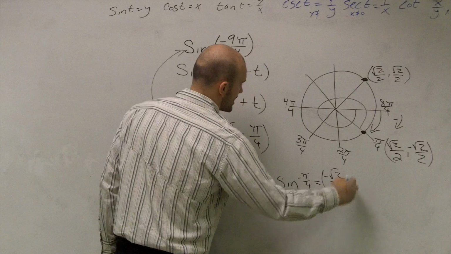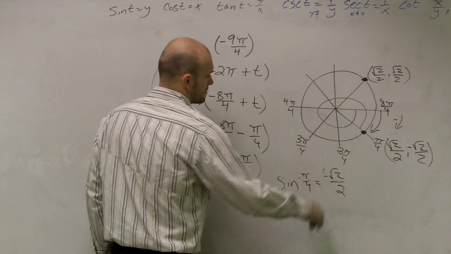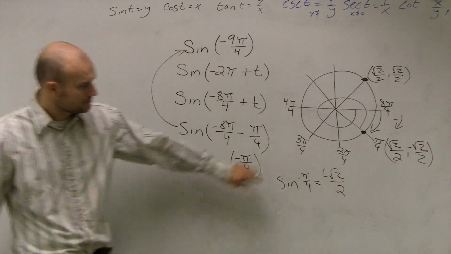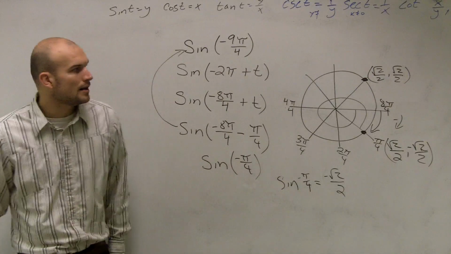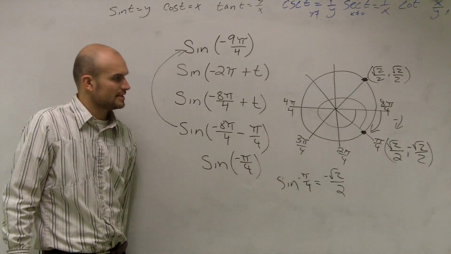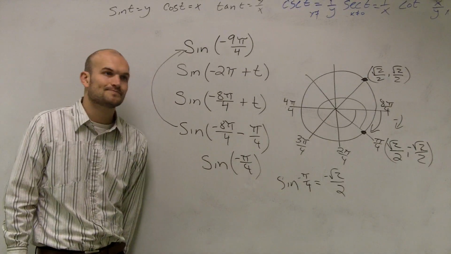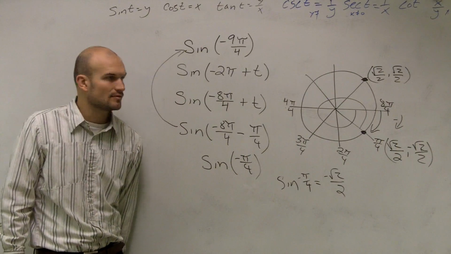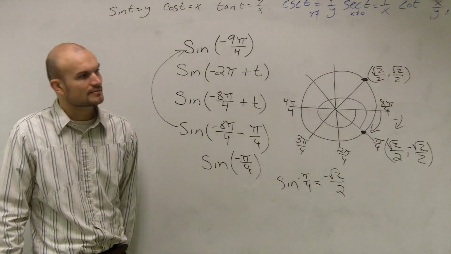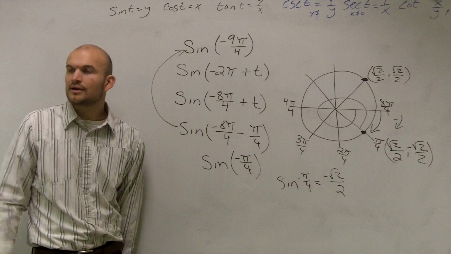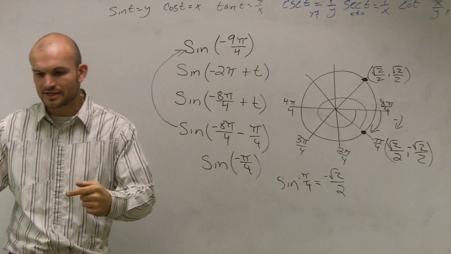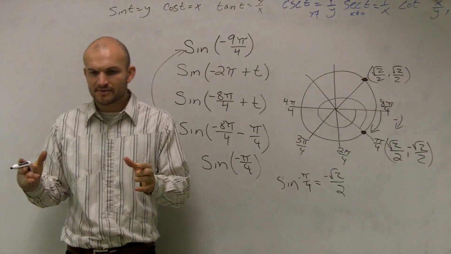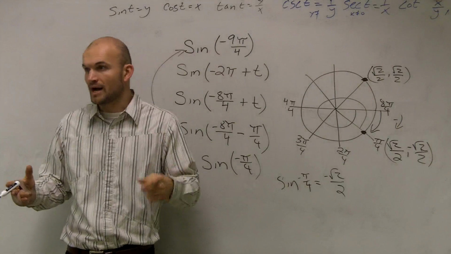Yes, Josh? Is it kind of like coterminal angles where you can add or subtract 2 pi? Yeah, kind of. We said coterminal angles were multiples of 2 pi, right?